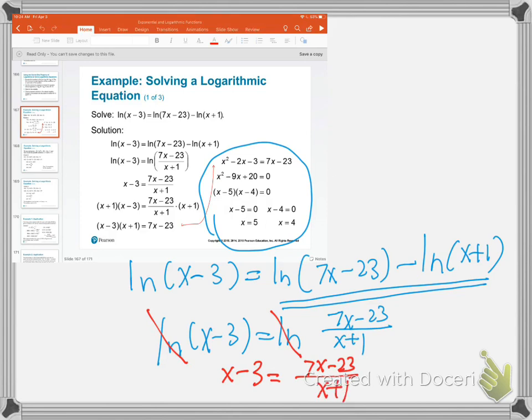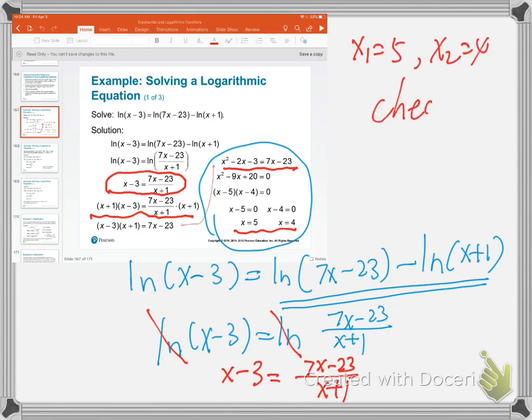Now we got this step in the slide. That's the log part. After that, you cancel the denominator x plus 1, and then you get a new quadratic equation. Solve the quadratic equation, you get two solutions: x1 is 5, x2 is 4. And remember, you have to check them.